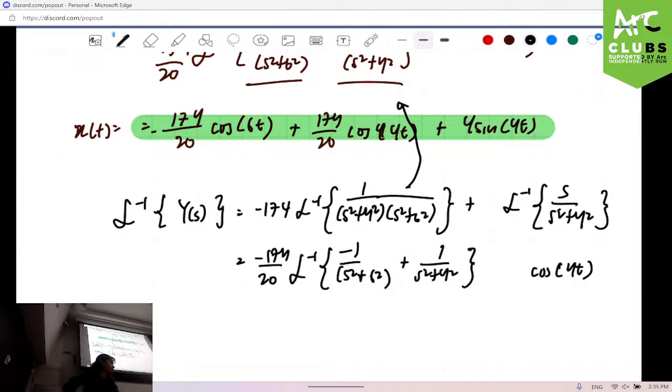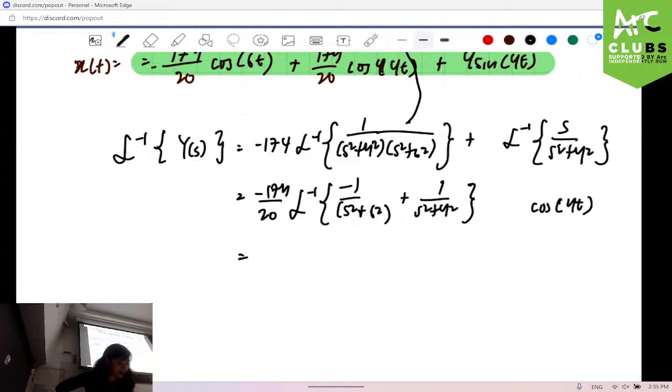So yeah, this looks like the sine, but we have to multiply that in. Feel free to do that in your own time as you're doing this. But basically, the answer would be minus 174 over 20, and then we gotta multiply like 6 over 6.